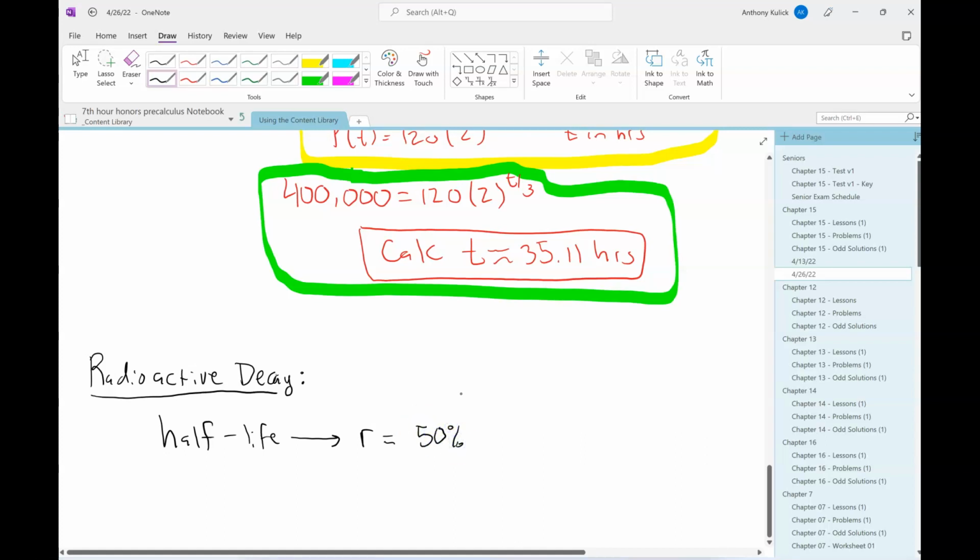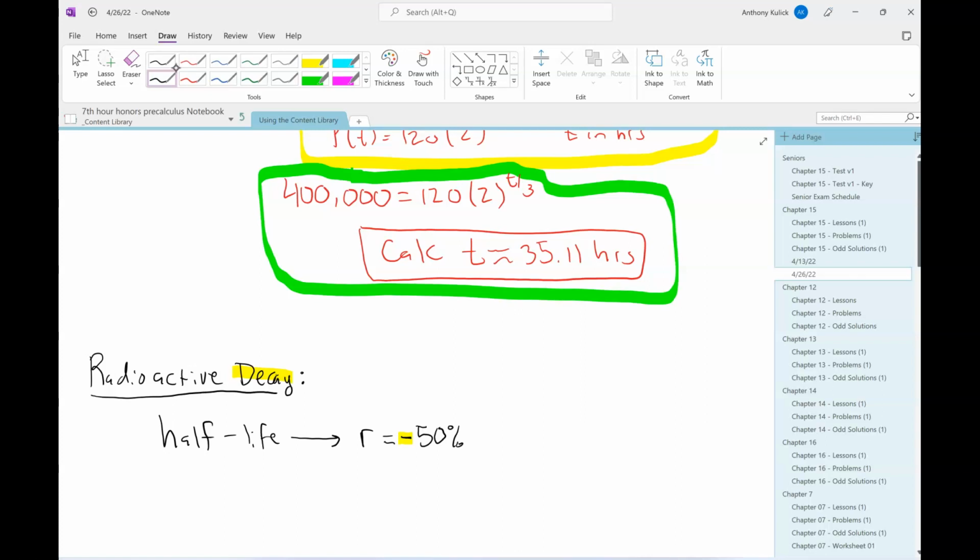But keep in mind, what type of situation is this? Decay. So what should R be? Negative 50%. Yeah. The nice part is whenever we're in a radioactive decay situation, and we're given information about a half-life, immediately we know that the R is negative 50%.